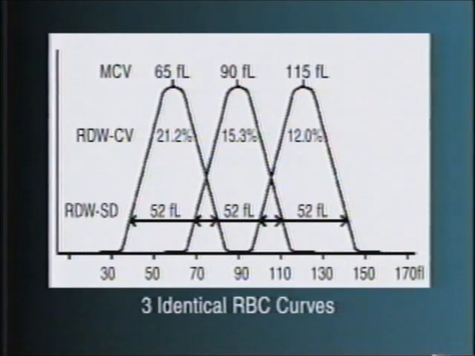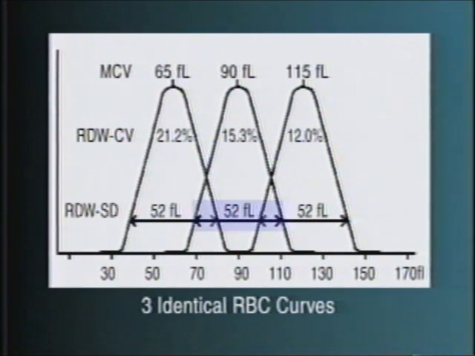These three curves probably show this effect of the MCV better than I can explain it. These are three identical curves, and we know they're identical because they were generated on a computer, and hopefully computers never lie. They look different because they are merely placed in different spots on the MCV scale.